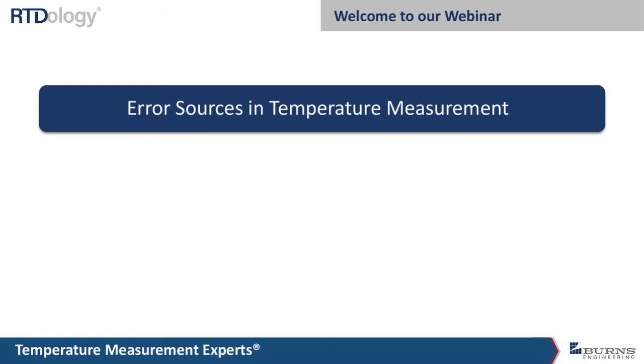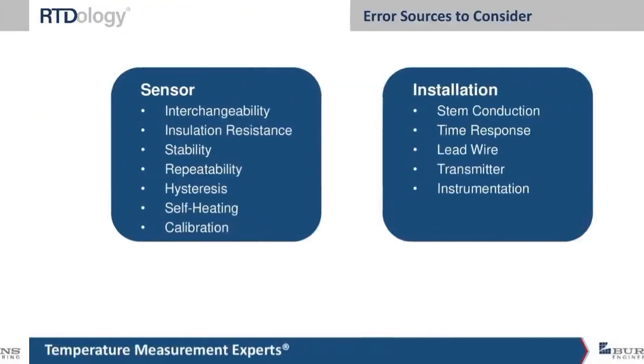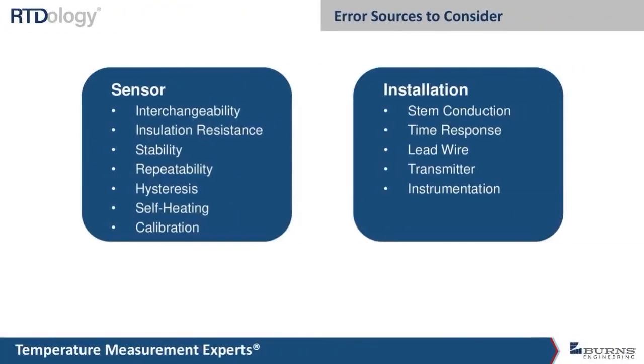What the full question should be is, what is the accuracy of the measurement I'm trying to make? We're going to go through and show you where a lot of these error sources come from. There are error sources associated with the temperature probe, and the bigger source can be the actual installation. We'll step through these and talk a little bit about each one.